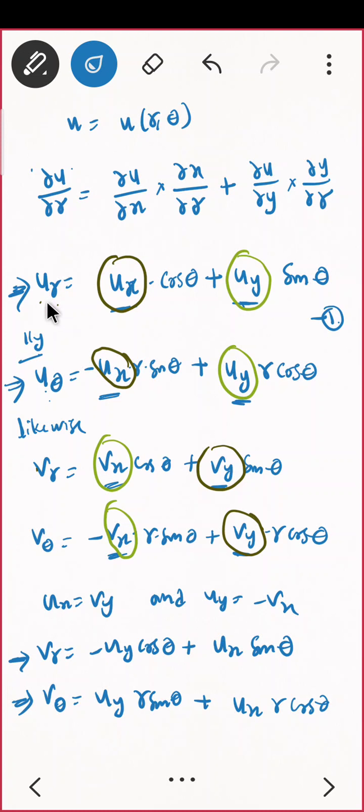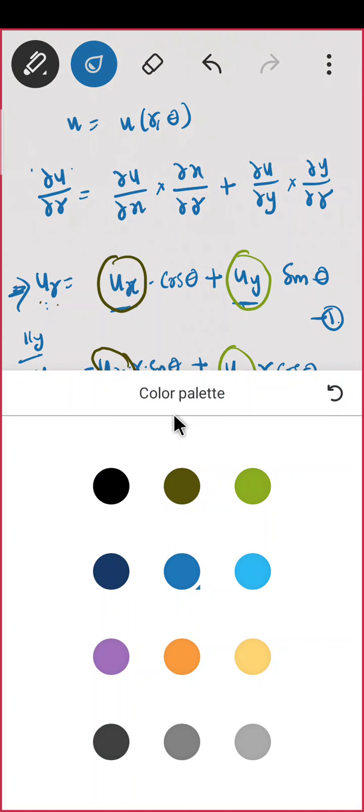Very nice. Perfect, very nice. That was a very quick observation. R times Ur is equal to V theta. And can you give it for U theta? It is Ux r sin theta, and yes, Ux r sin, it is plus. Here it is minus. U theta is equal to, it is minus, no?